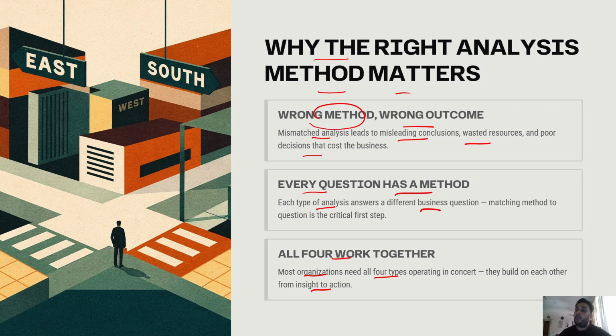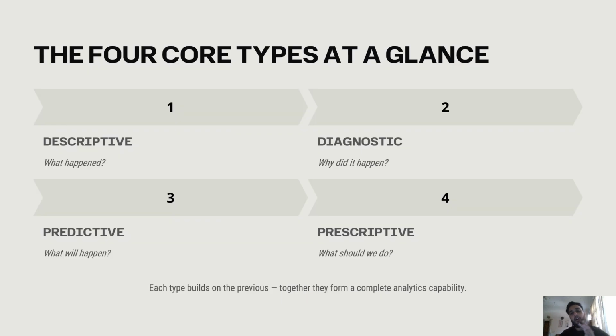If I'm not able to correctly identify the problem, maybe in the product, or maybe I'm selling in the wrong place, whatever it is, then I'm not able to correct it in the given time. This is why all four different types of analysis are very important, and the correct method should be applied to identify the correct outcome. So they all work together.